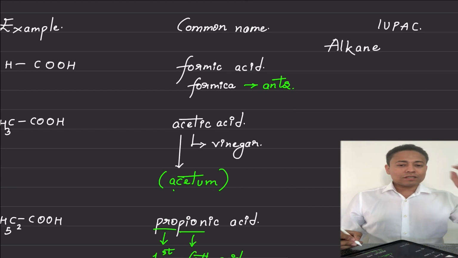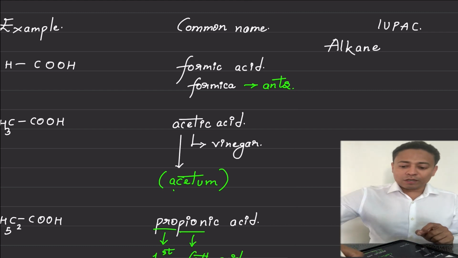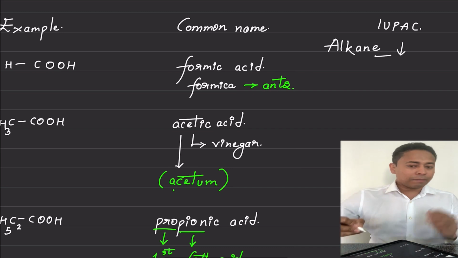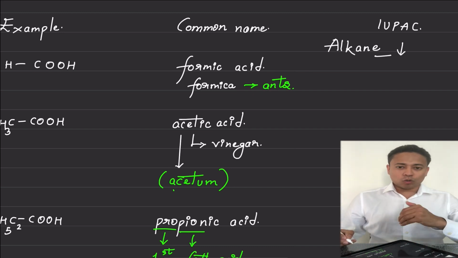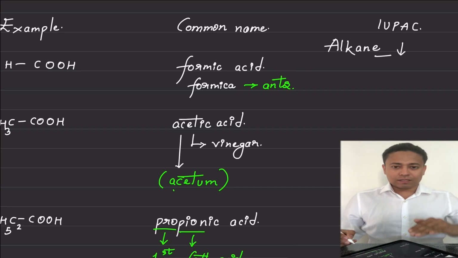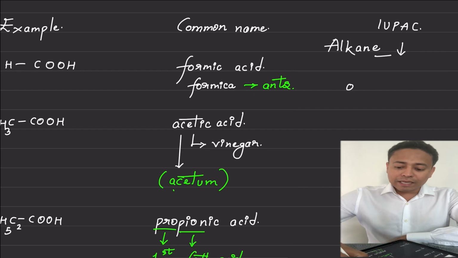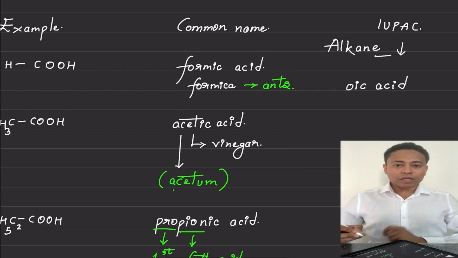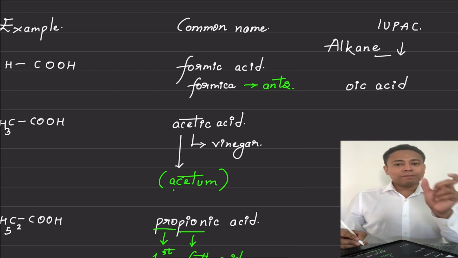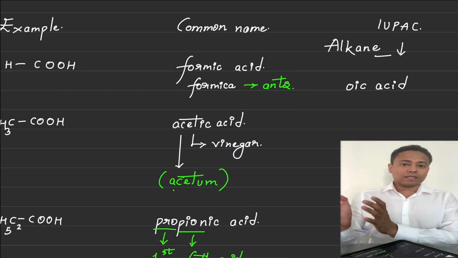So for alkanes, the last alphabet is going to be dropped. I will replace the last letter E of the alkane, so that will be dropped. I've shown a downward arrow indicating that it is supposed to be dropped, and then I will replace it by a suffix. A suffix is something which comes after the primary suffix. Any compound has 2 things which come at the end of the name.